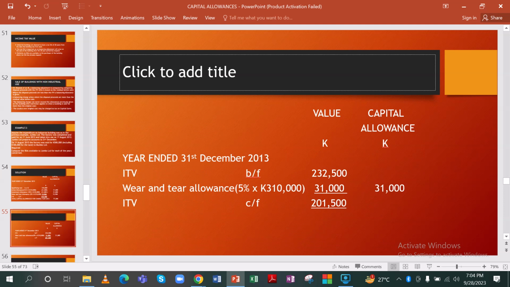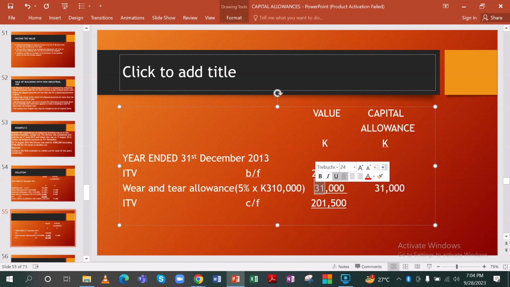Charge year 2013, what happens? You cannot claim initial allowance, you cannot claim investment allowance, because these are subsequent years. What you can claim only is the wear and tear allowance, which is 5%. So you apply the 5% on the original qualifying cost of 310,000. That is going to be 15,500.